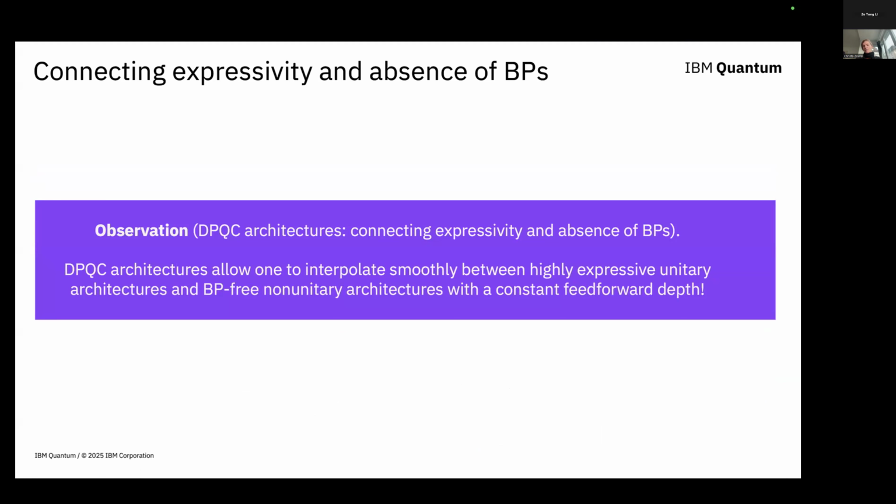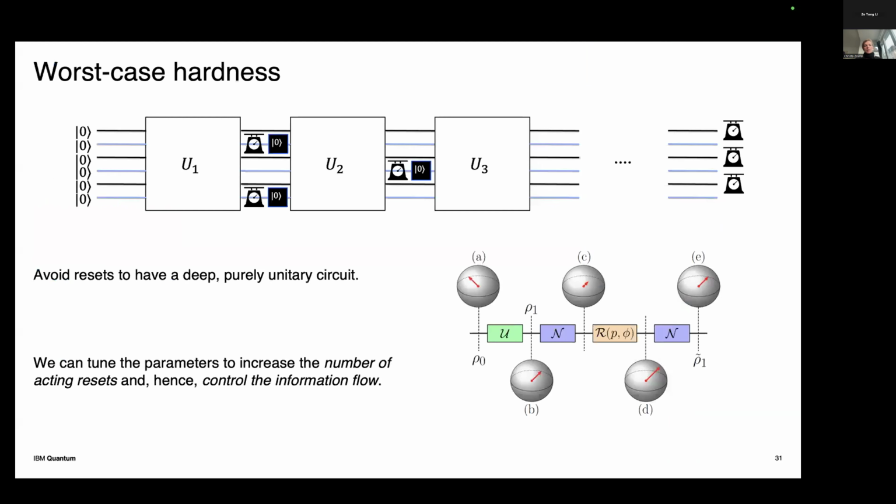And then again, in the ideal case, the hope, which needs to be verified on more extensive numerical experiments, is that this allows us to start training with good gradients and then move throughout the training into very quantumly interesting systems.